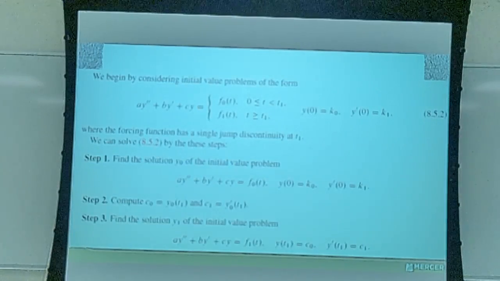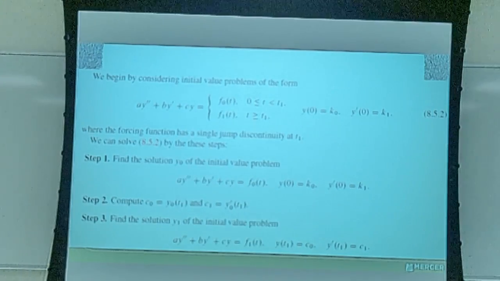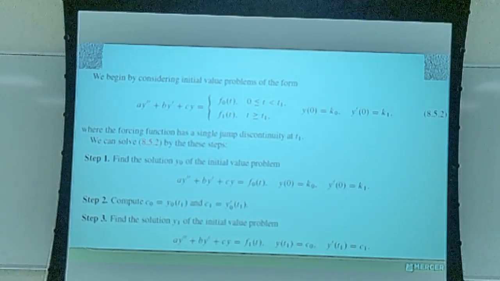And then we get into the initial value problems. There is a simpler method if your driving force is only 2 pieces. You can follow this 4-step procedure. Step 1, just solve the initial value problem where your driving force is F naught, the first piece.